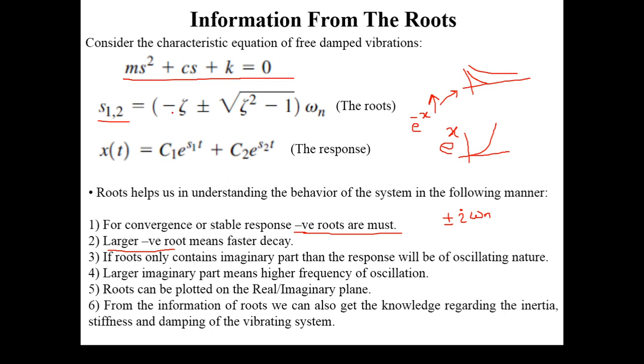Or in other words, if you make zeta 0 here, then you will have only an imaginary root, that is plus minus iota omega n. So the real part will be 0. So if you have only an imaginary part in your roots, then the response will be of oscillating nature.